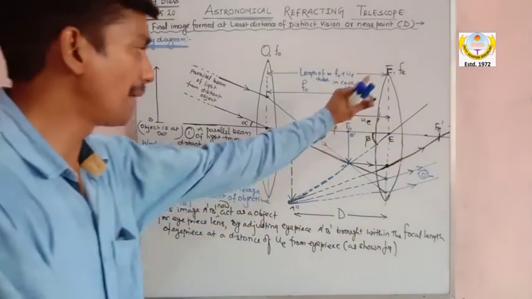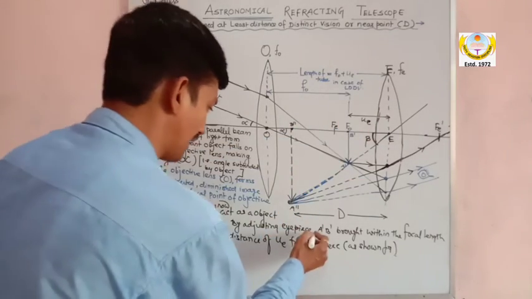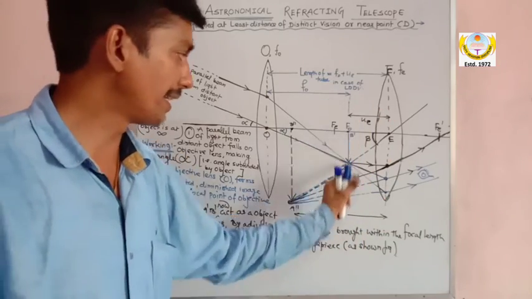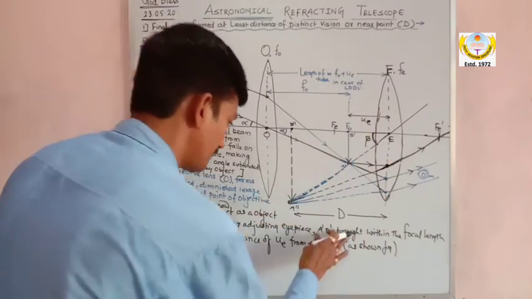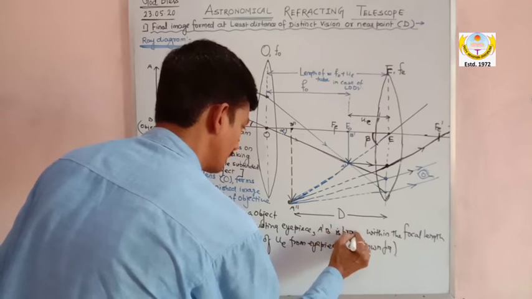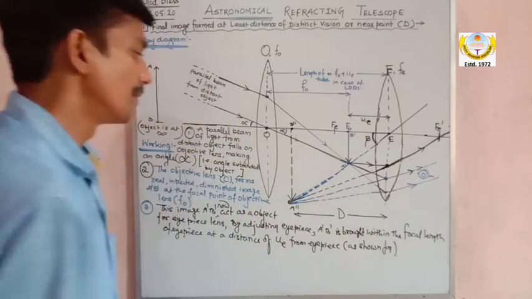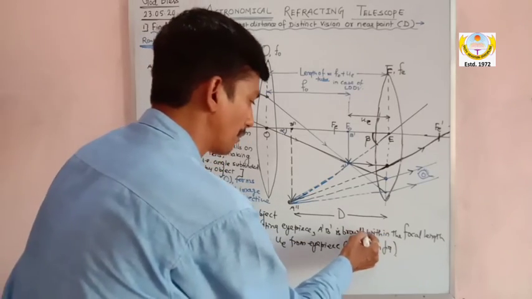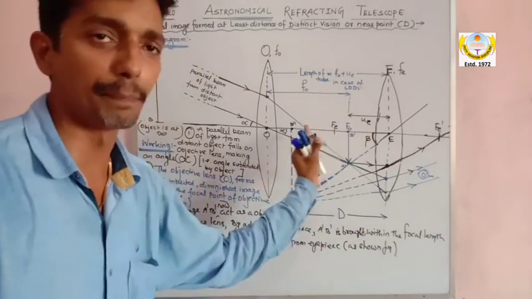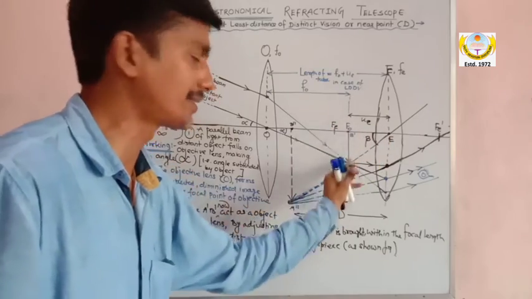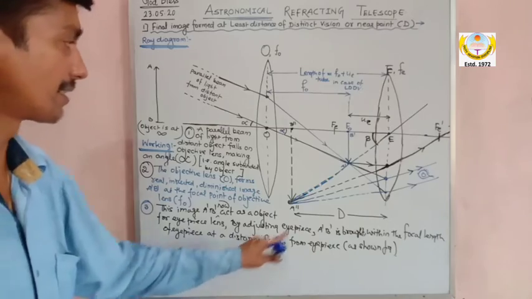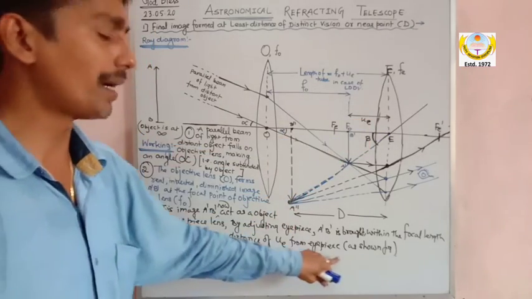By adjusting the eyepiece, this A dash B dash is brought within the focal length of the eyepiece. You can see I brought this A dash B dash within the focal length of the eyepiece. At what distance? At a distance of UE from the eyepiece.